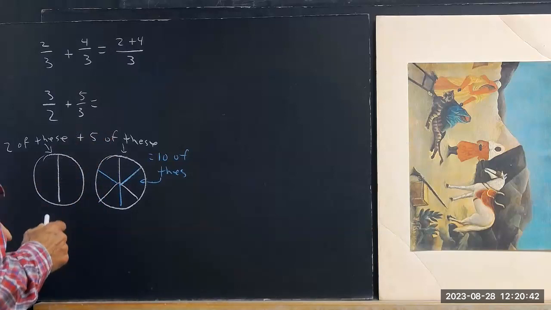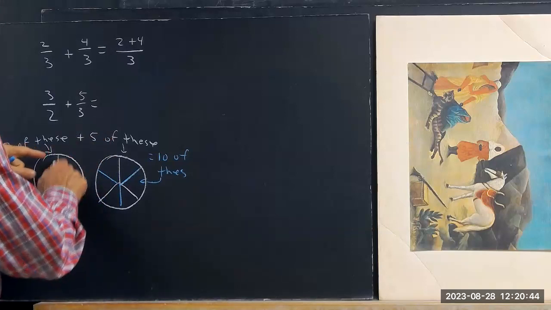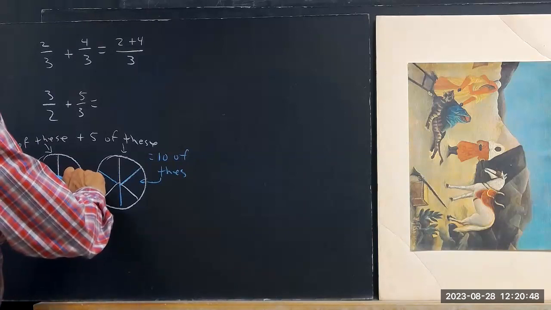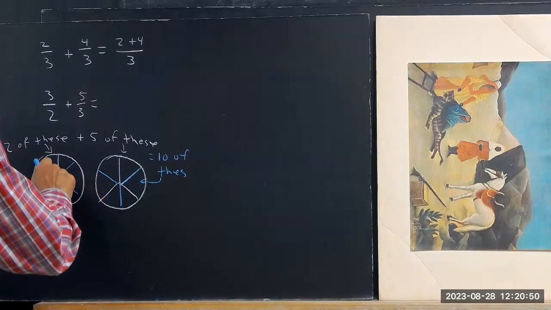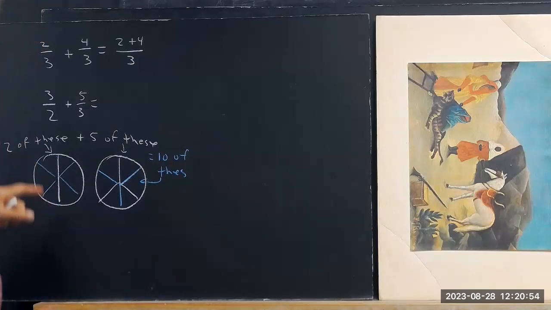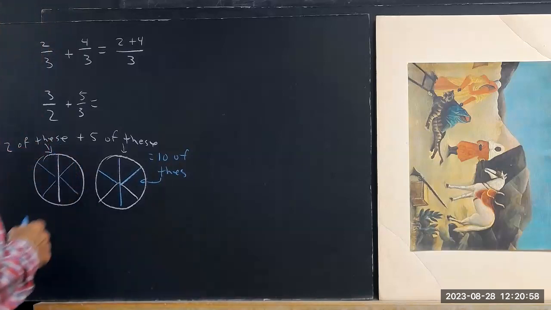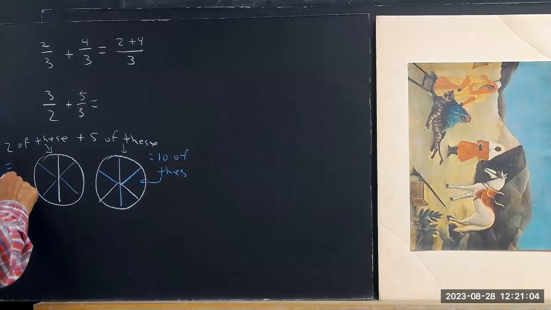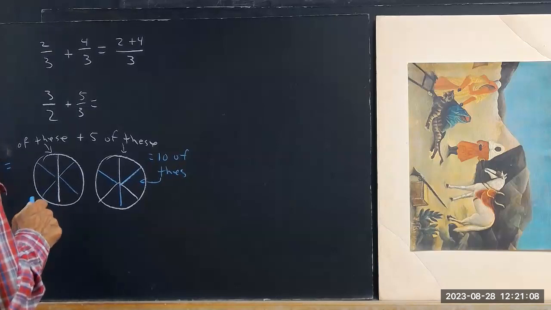Then what I can do is divide each one of these into 3 parts. Divide them equally, or I'm going to come along and hog the big ones. If we've got them divided equally, 2 of these equals, and I don't have 2 of these, I've got 3 of these.